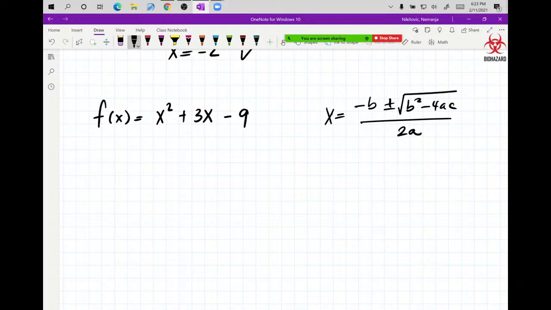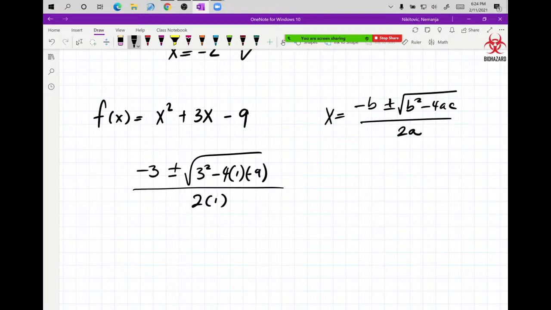And sometimes it can spit out complex numbers. I just wrote anything over here, so we might run even into complex numbers. Let's see what we get. No, we're not going to get complex. So -b, that's -3, plus minus square root of 3 squared minus 4 times 1 times -9, divided by 2 times 1.